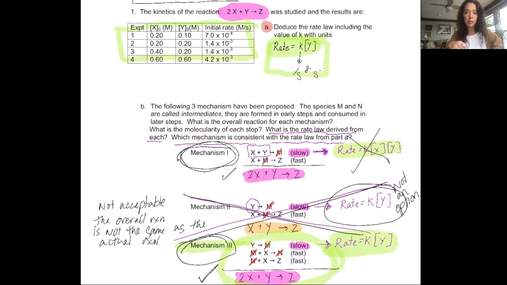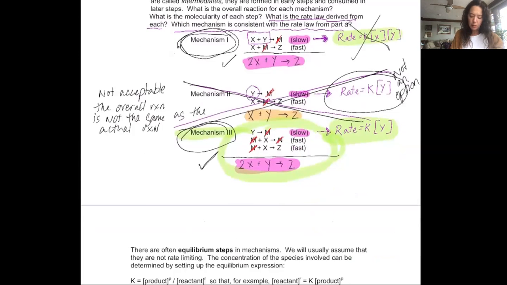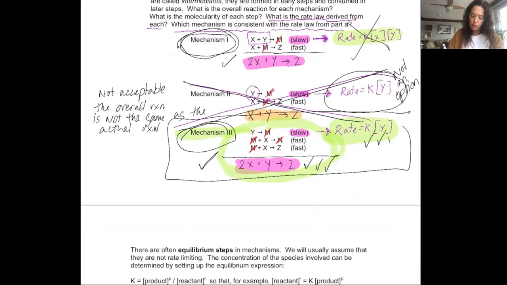This mechanism's rate law happens to be the same as what was experimentally determined. The mechanism has an overall that is the same. So both requirements are satisfied, and mechanism 3 is an acceptable mechanism.